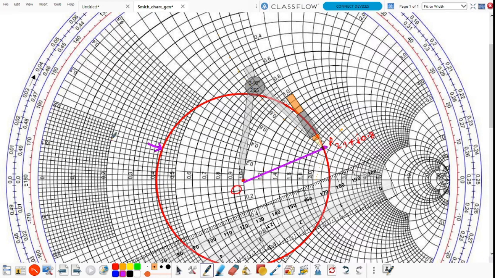This circle is called the voltage standing wave ratio circle or constant S circle.